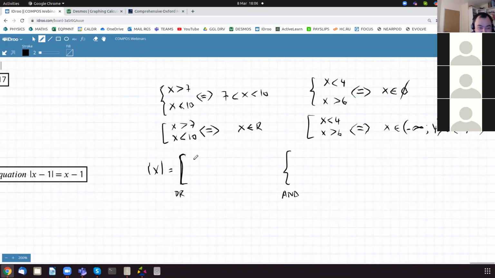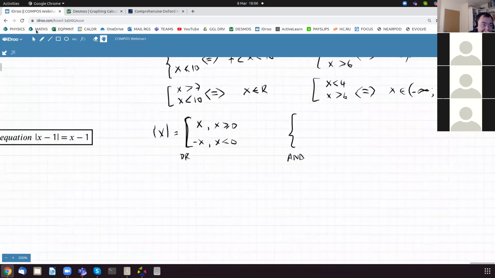So modulus x is either x if x is greater or equal to 0, or it is minus x when x is less than 0. That's one of the definitions of the modulus, and it's quite a powerful one.